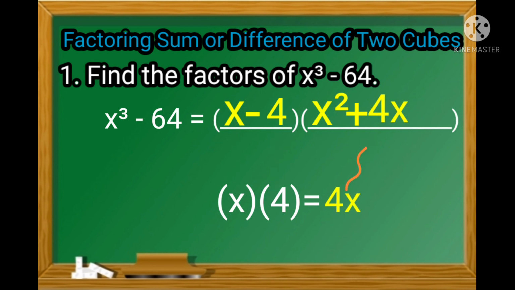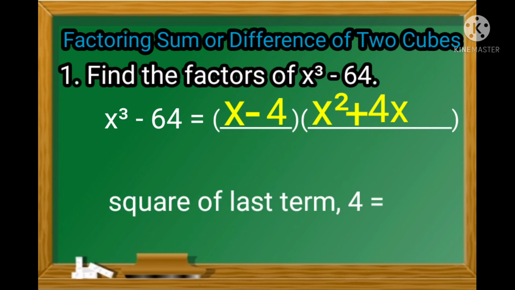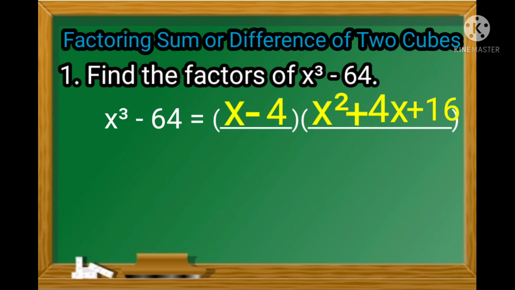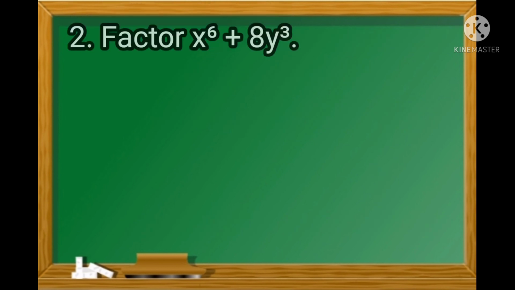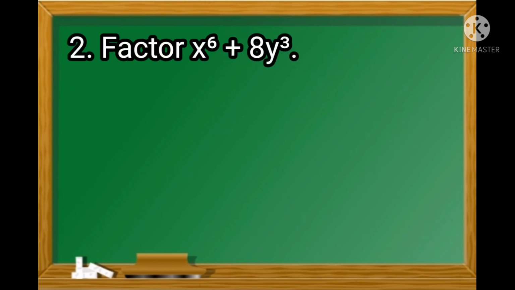And lastly, to complete our trinomial factor, we will get the square of the last term, which is 4. What is the square of 4? That is 16. Therefore, the factors of x cubed minus 64 are the quantity (x - 4) and (x squared plus 4x plus 16).